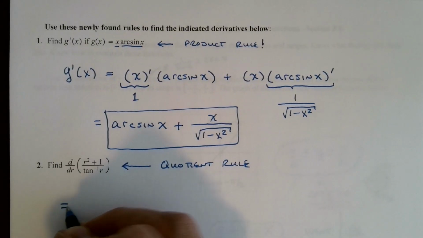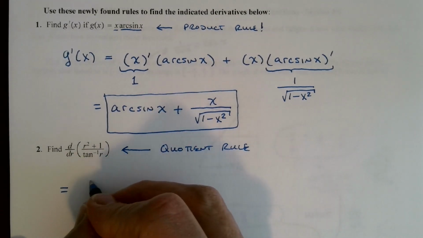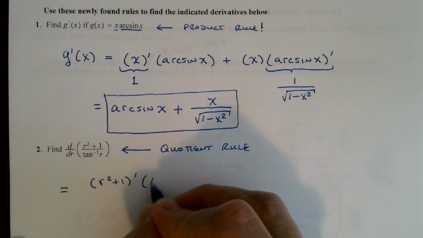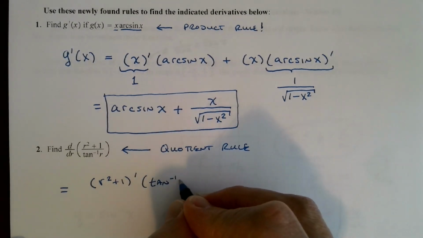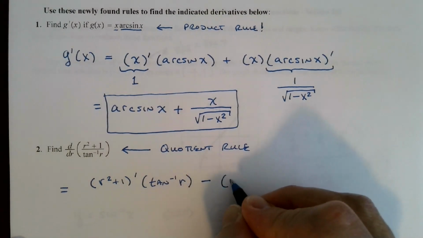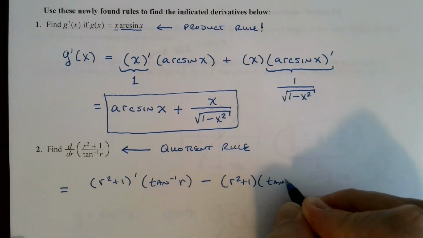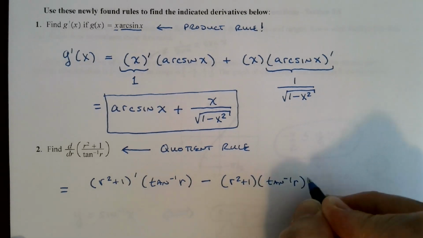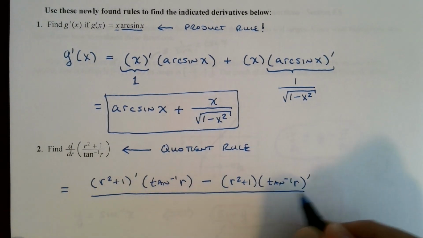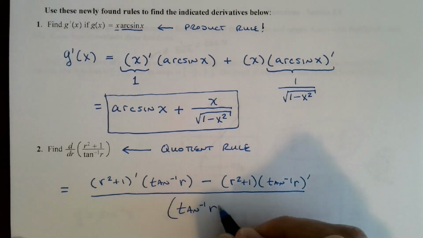So this derivative, right, we're asked to find this derivative, it's equal to what? We take by the quotient rule the derivative of the top function times the bottom function, which is the inverse tangent function, minus the top function times the derivative of the inverse tangent function, the bottom function, all over the bottom function, tangent inverse of r, all squared.